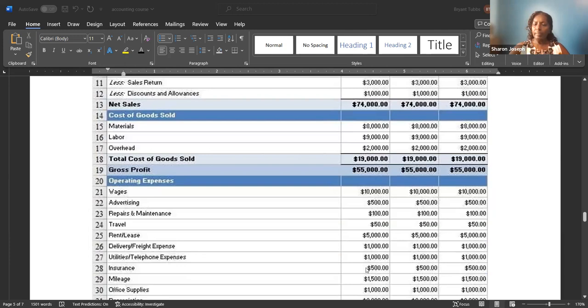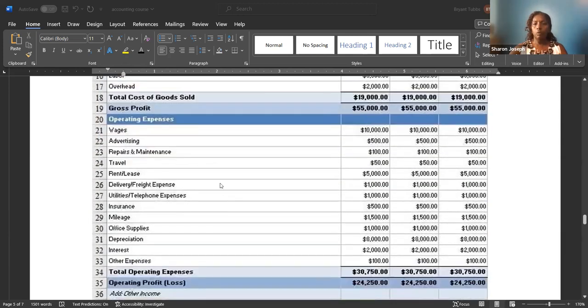Okay? Moving down to the next section of your income statement is where we record all of your operating expenses. This is where you record your wages, advertising, repairs, and so forth. All of your expenses that you use in your regular day-to-day operations. Gross profit is a credit balance. Expenses are debit balances.